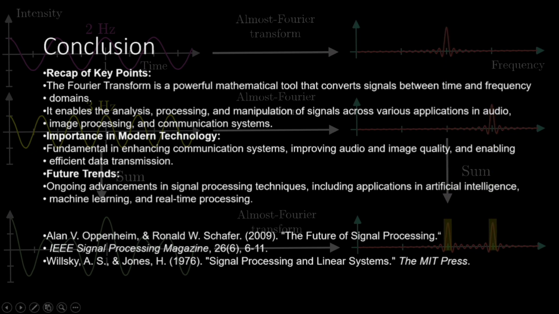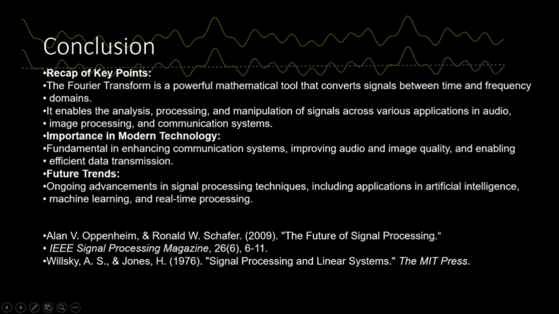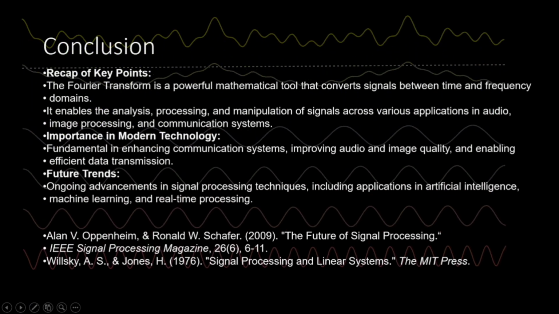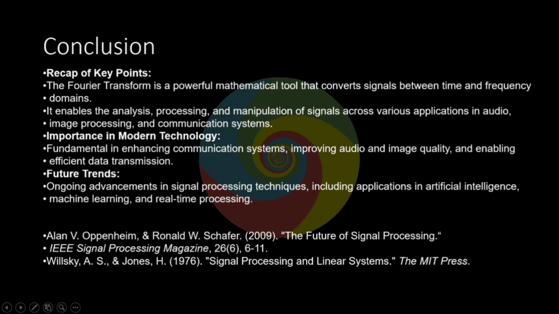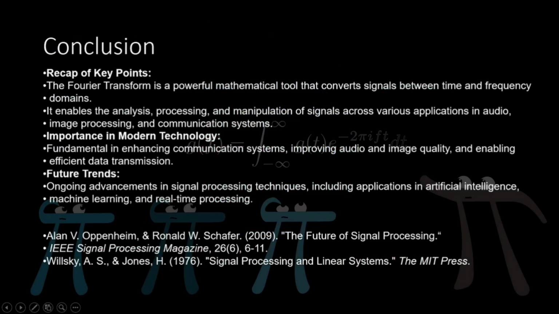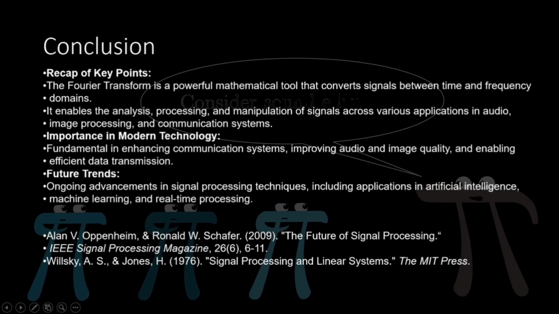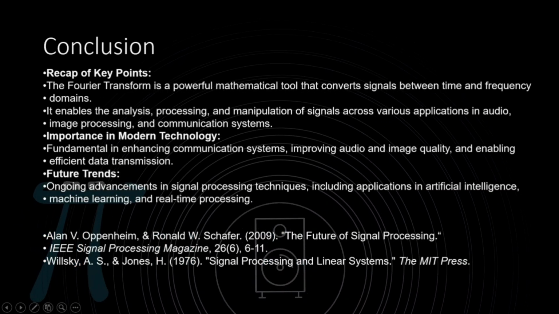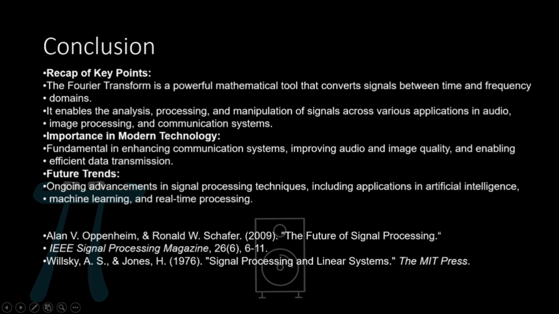We have seen how the Fourier transform is essential in audio processing, helping reduce noise and compress data, and in image processing, where it enhances image quality and reduces noise. We also discussed its crucial role in communication systems, from modulation to frequency division multiplexing, which allows for more efficient data transmission.